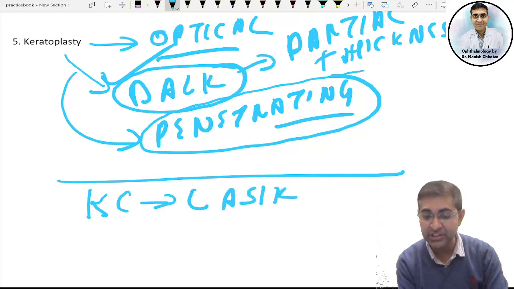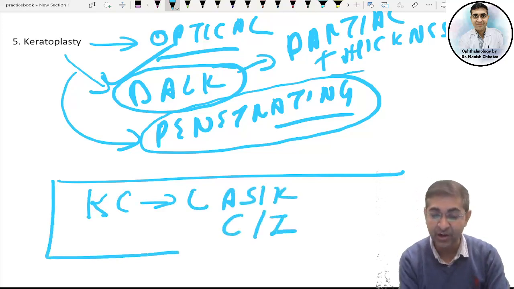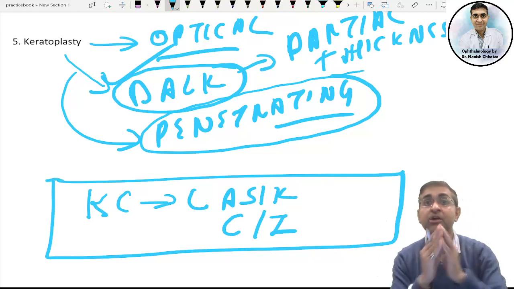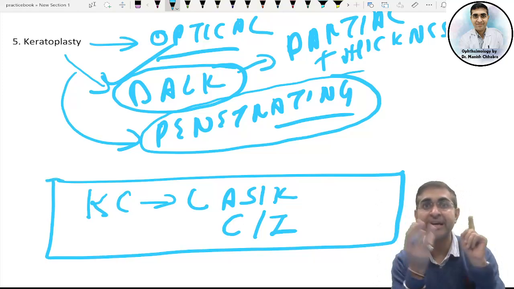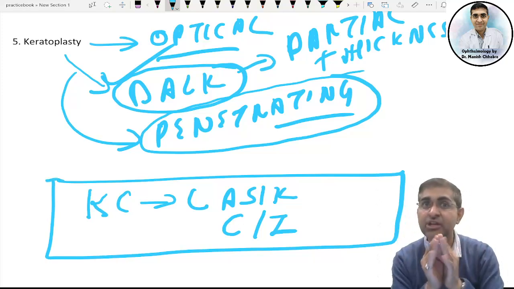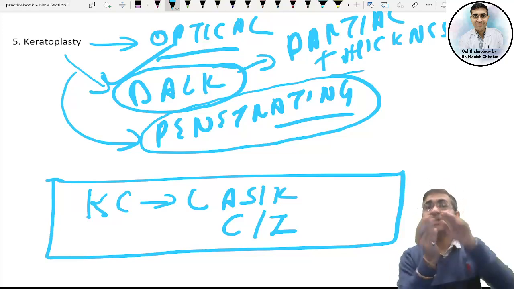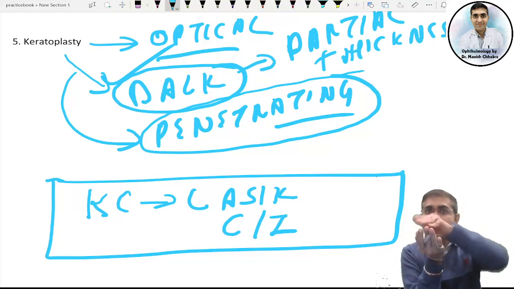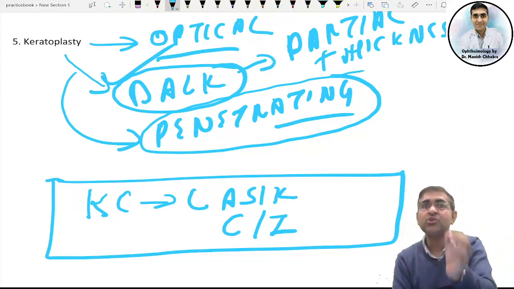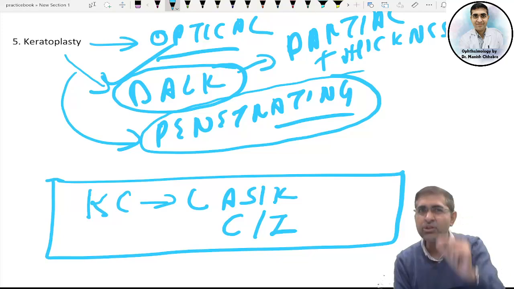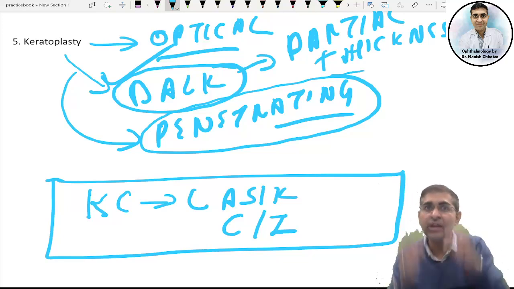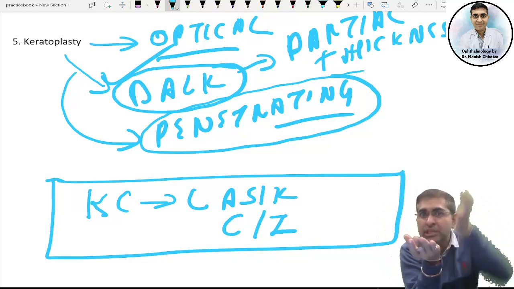Please understand that if the patient is having keratoconus, that means there is thinning of cornea, LASIK surgery is contraindicated. Now don't say, sir, we are doing so much for vision, we are giving rigid gas permeable contact lenses, refraction. Can the patient undergo LASIK surgery? No, because the concept of LASIK surgery says that you remove the corneal flap, which consists of the epithelium and a little bit of stroma, such that the thickness of the flap is 160 micron, and you ablate the stromal bed and you replace the flap.